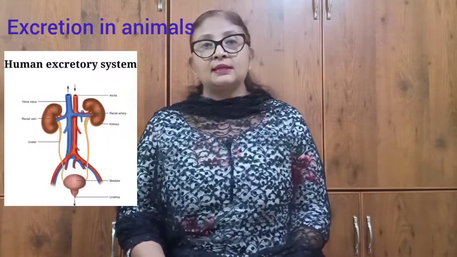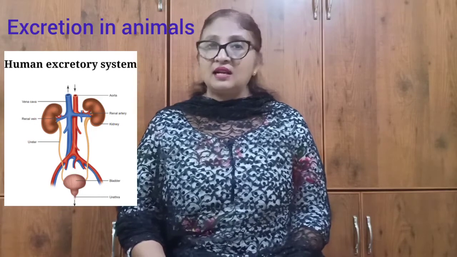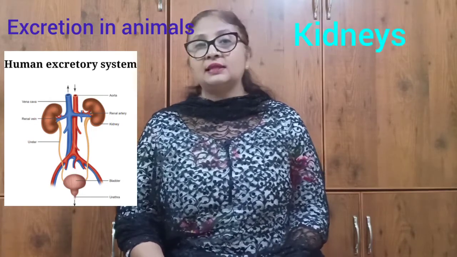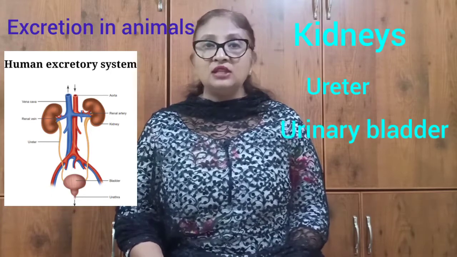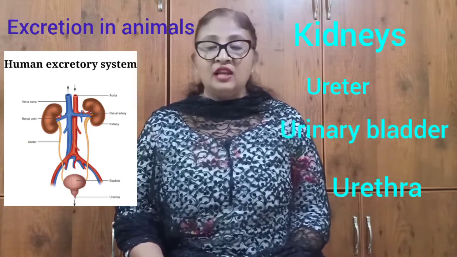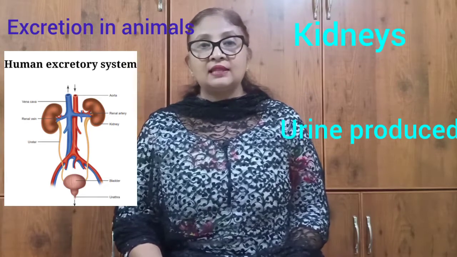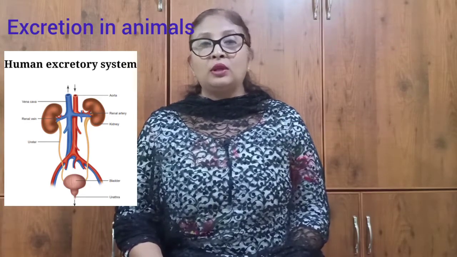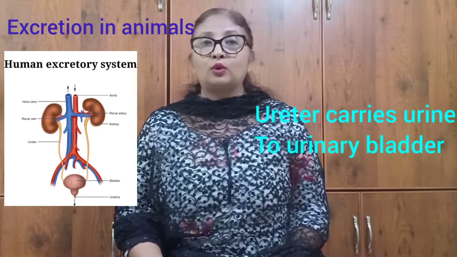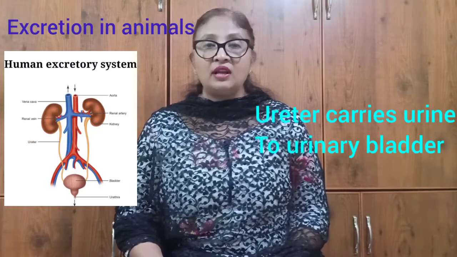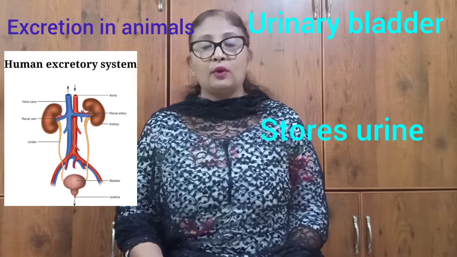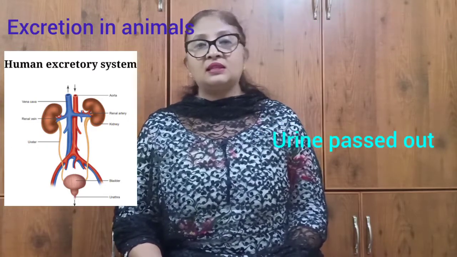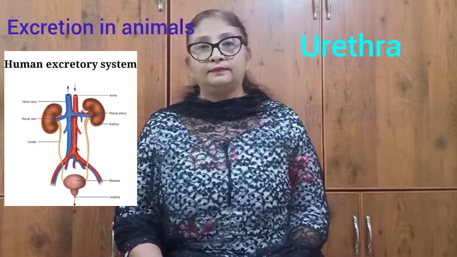In human beings, the excretory system consists of a pair of kidneys, a pair of ureters, urinary bladder and urethra. Urine is produced in the kidneys. It is taken to the urinary bladder through the thin tubes called ureters. Urinary bladder stores the urine and urine is passed out through the urethra.